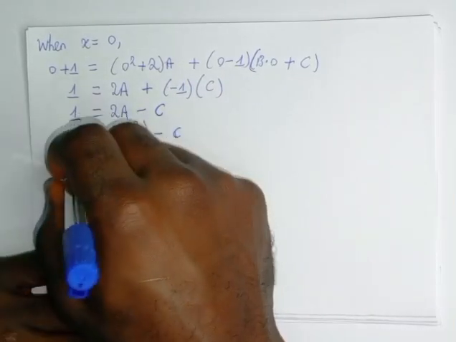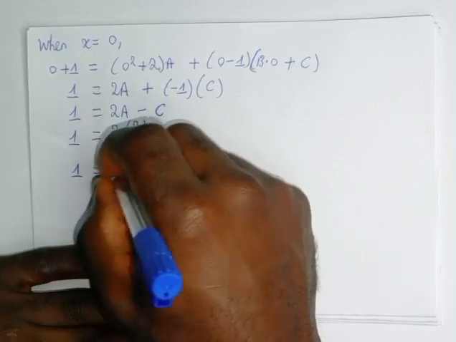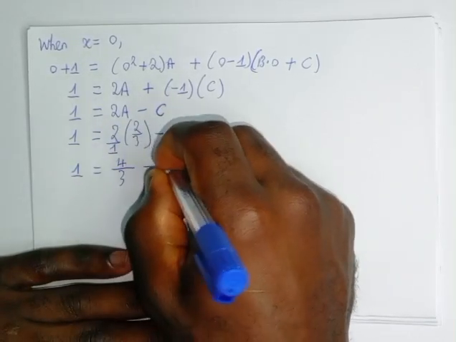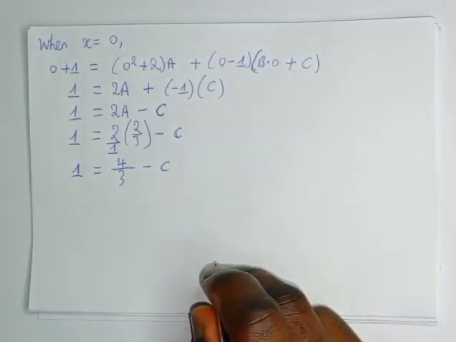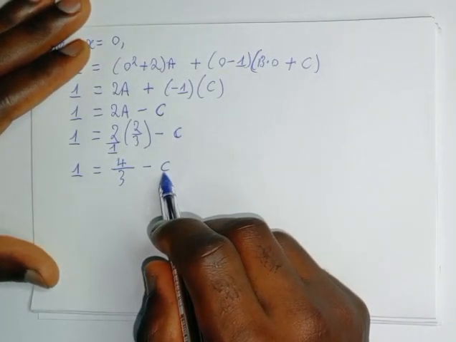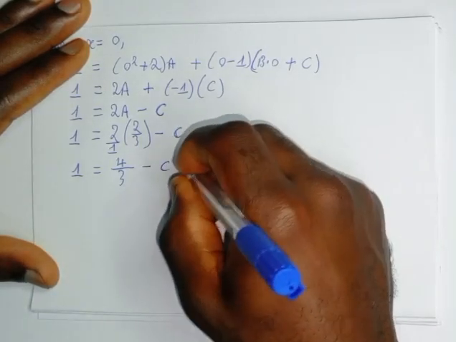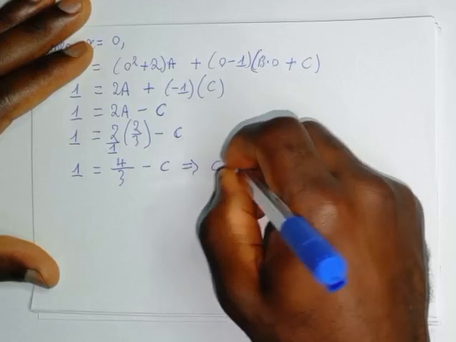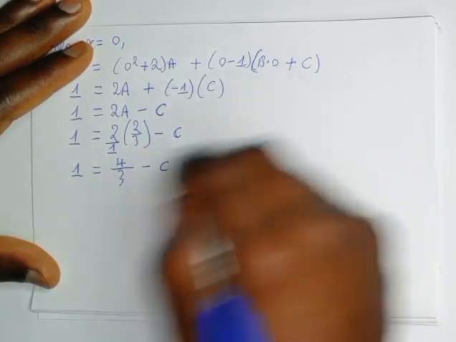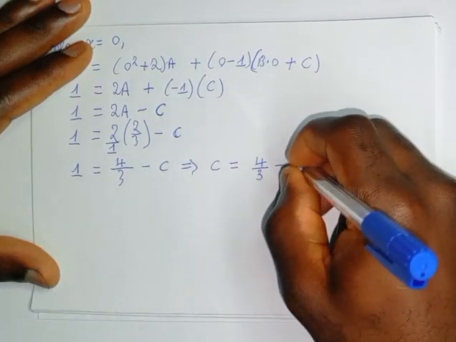And this will give us 1 is equal to 2 times 2 gives 4 over 1 times 3 gives 3 minus c. We are looking for c. We are going to transfer negative c to the left hand side so it becomes positive. Then c will be equal to 4 over 3. We are going to transfer 1 to the right hand side, gives us negative 1.